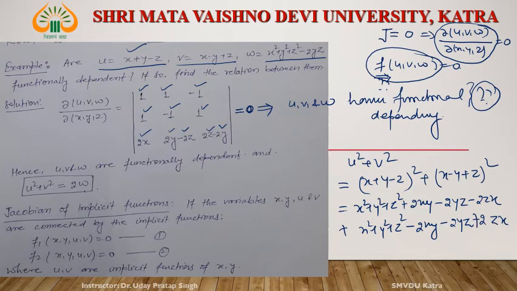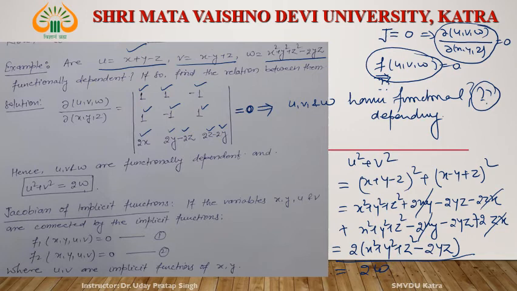Now add them. These terms cancel out, and this is equal to 2 times (x² + y² + z² − 2yz). And what is this? This is w. It means u² + v² = 2w.